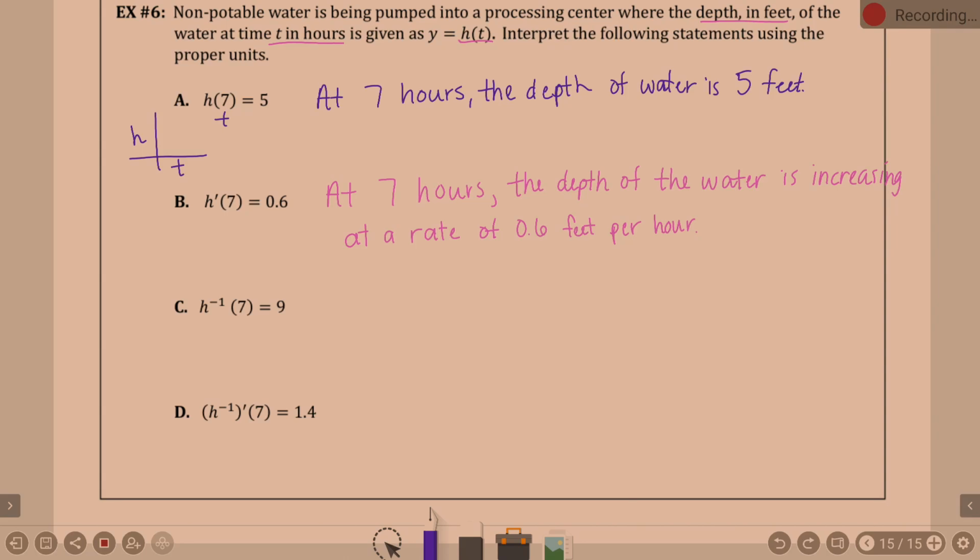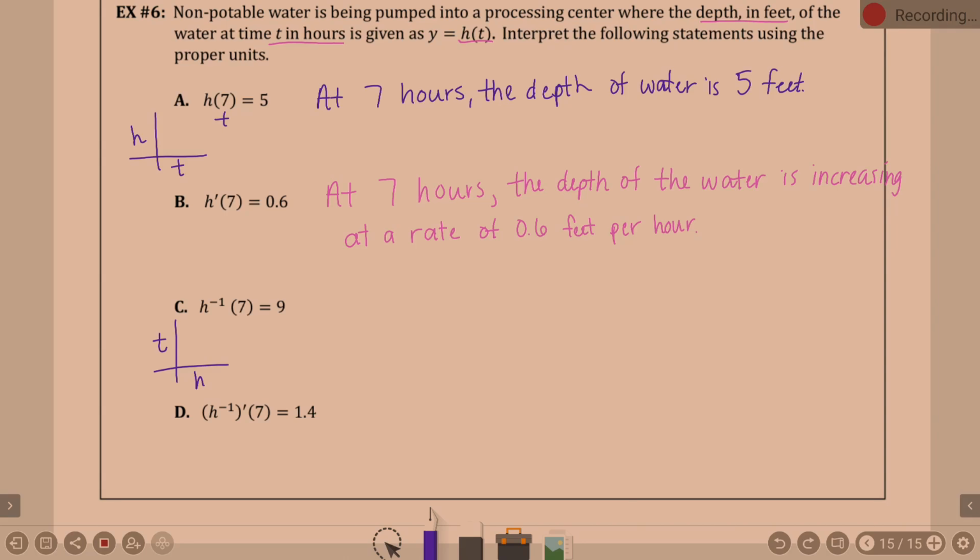At hour 9, the depth is 7. And there's not a derivative or anything, so it's just what is happening. Mine says after 9 hours the water is 7 feet deep. I probably would have said the water is 9 feet deep at 7 hours.